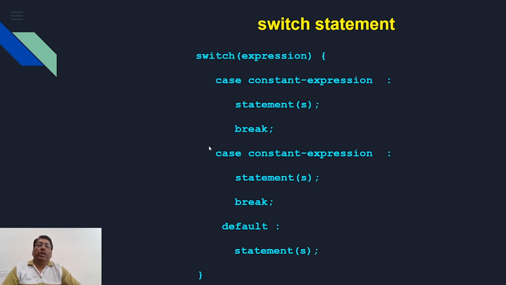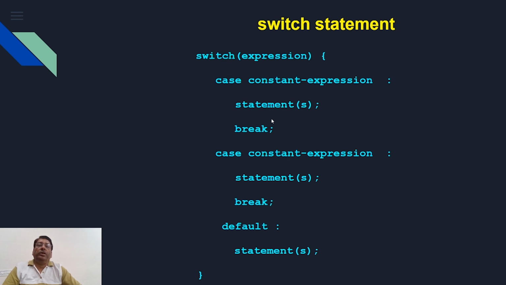Otherwise, it will go to the next case statement, otherwise to the next case, and so on. So you can have n number of case statements, and lastly you can write a default statement. Which means what? If the expression value matches the first case, it will go here, otherwise the second, otherwise the third, and so on.